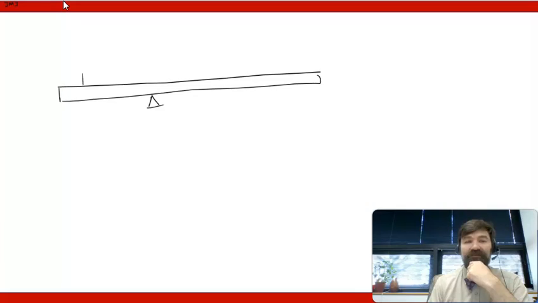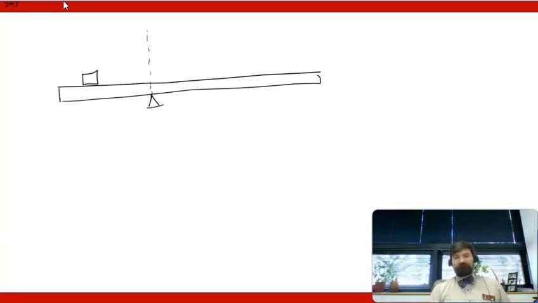If I have some mass here, I've got the fulcrum here, and I've got the stick here, then my center of mass for this system is somewhere along this line. And that's true as well for even a fairly complex system where I have many different masses located there.